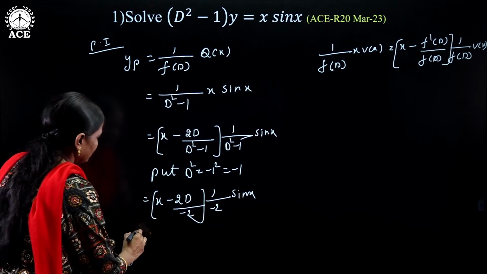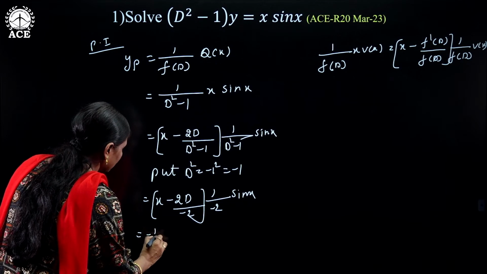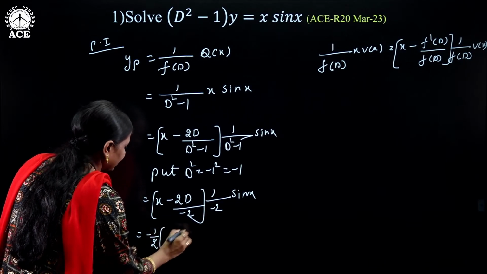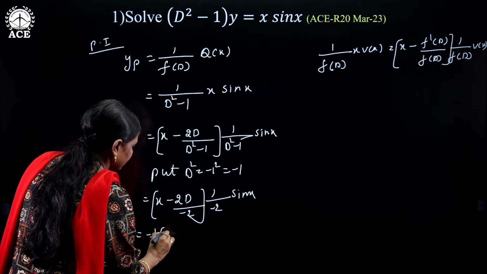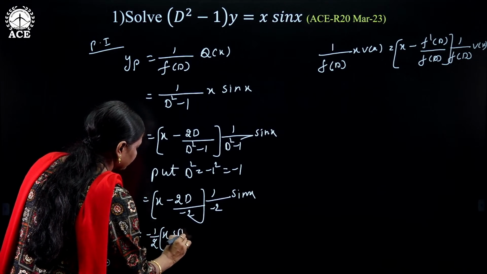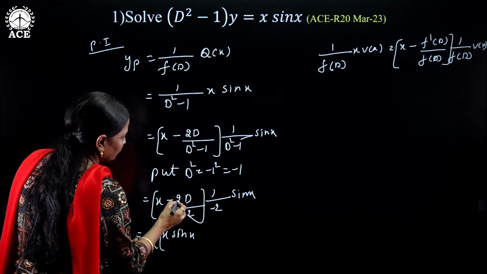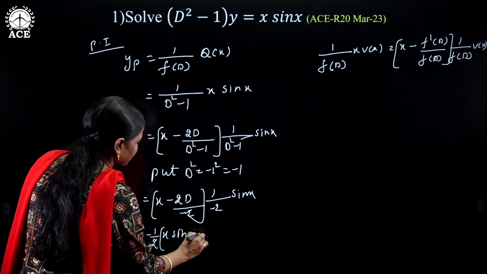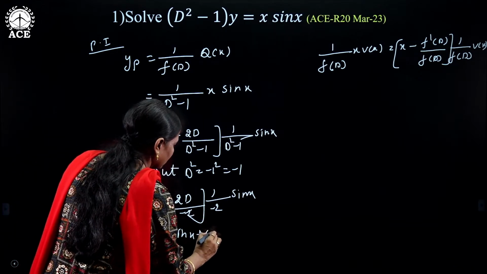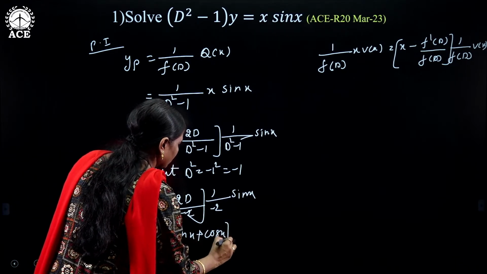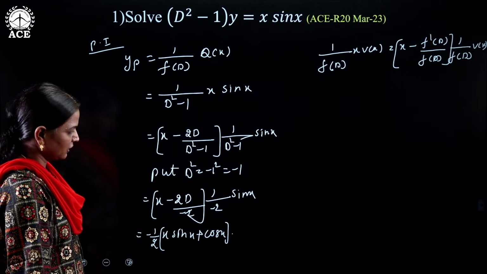How to write this one? Which is equal to minus 1 by 2 into, next, multiply the sin x with x minus 2D. So that is x into sin x. Next, 2 get cancelled and minus into minus plus differentiation of sin x. What is the differentiation of sin x? Cos x. This is the required particular integral.